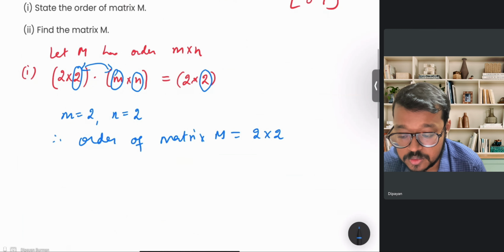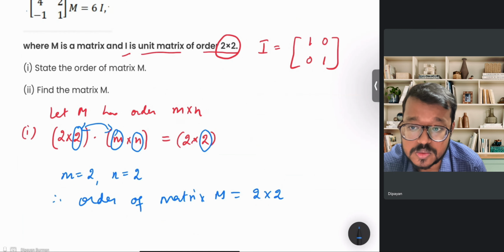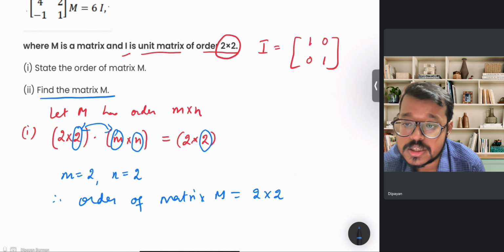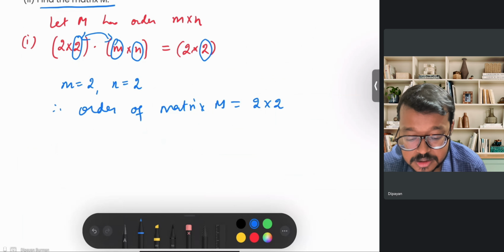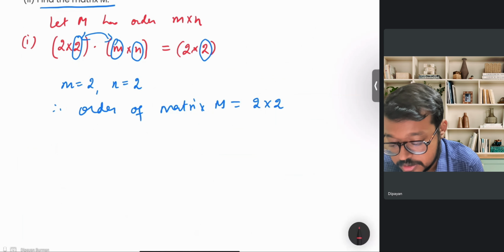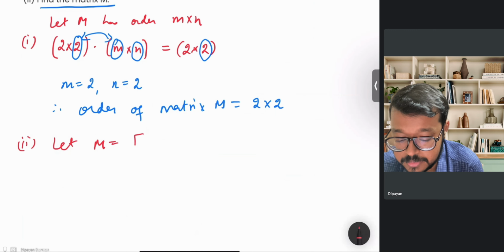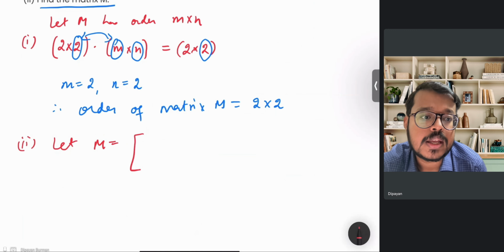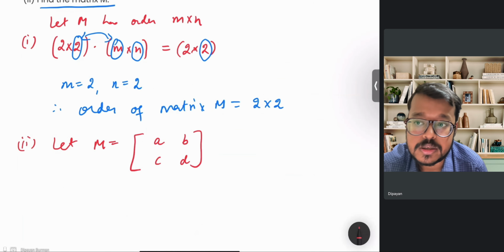Now once I know that matrix M is of the order 2 by 2 and I have to find what matrix M is, I have to assume some elements of matrix M. So let matrix M be equal to, we can assign some variables, let's say A, B, C, D. This is a 2 by 2 matrix.